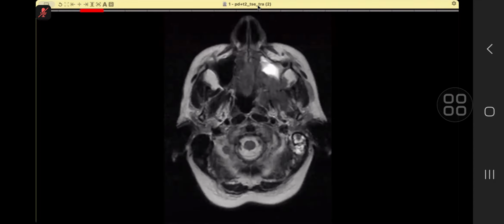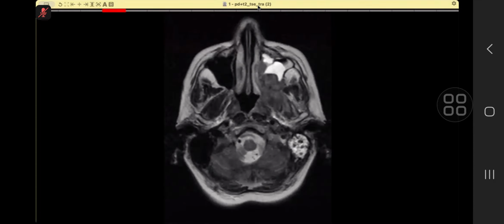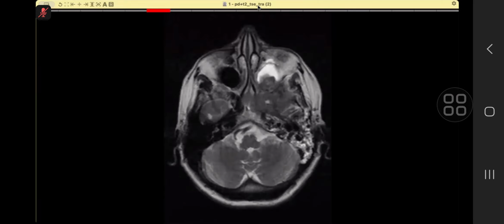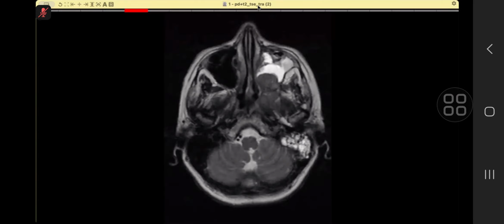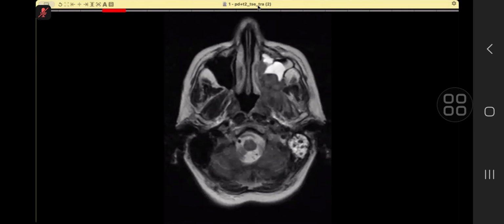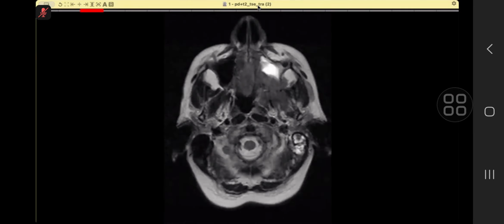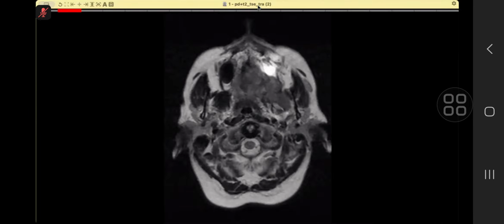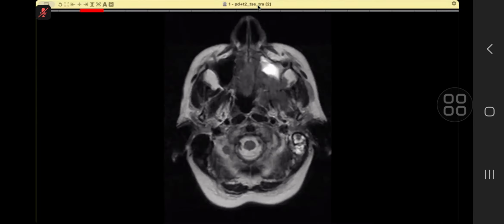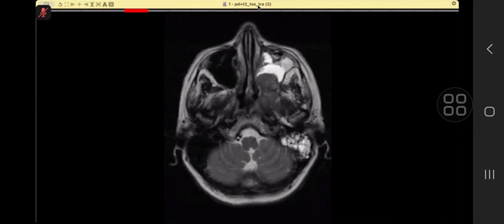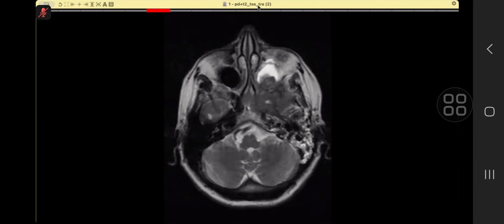Sir, I am provided with axial T2-weighted MR images, in which there are T2-weighted hyperintense signals noted in the left-sided mastoid air cells, and complete opacification of the mastoid air cells is noted.